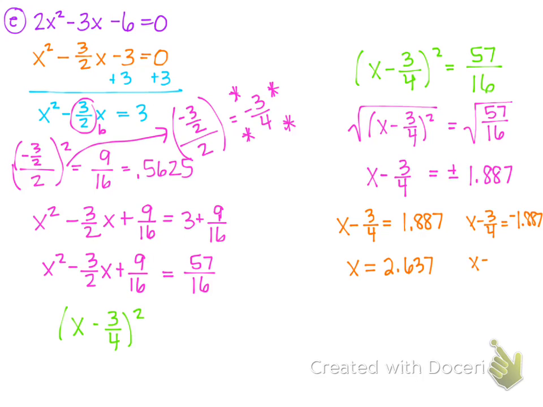And for this one, you get negative 1.137. So here are our two solutions. We have 2.637 and negative 1.137.